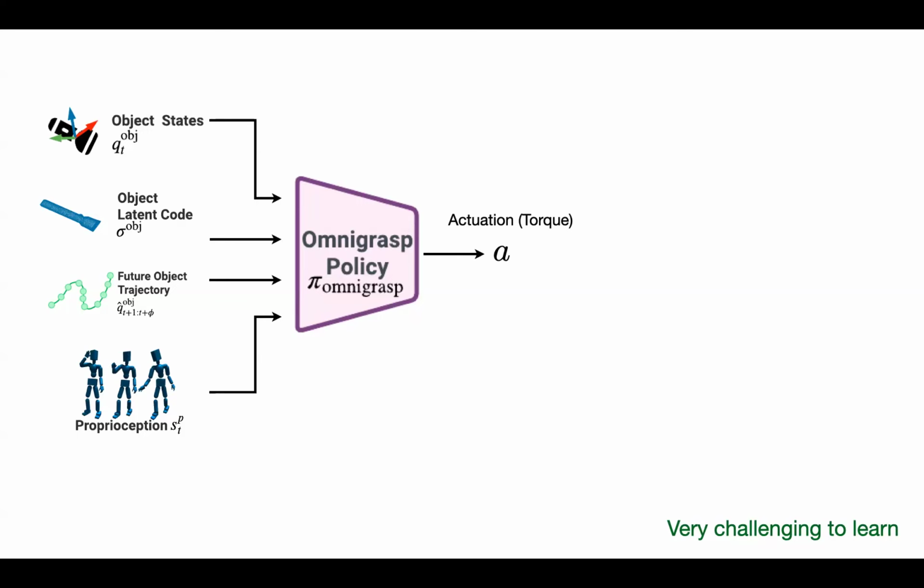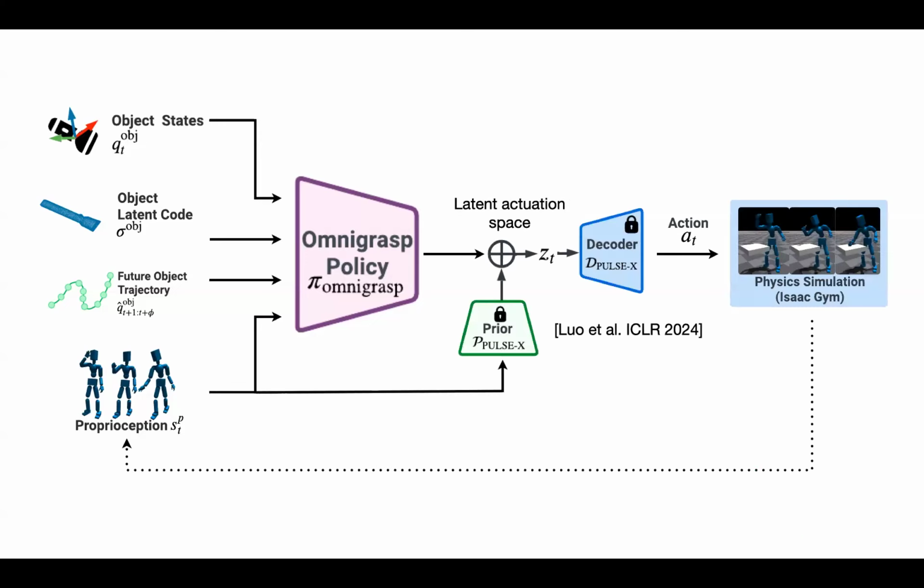If you try to learn it straight from data, we couldn't get it to work. So we take another trick, using another method from ICLR called PULSE. This is an encoder-decoder representation that finds a latent representation of the action space, or the actuation space.